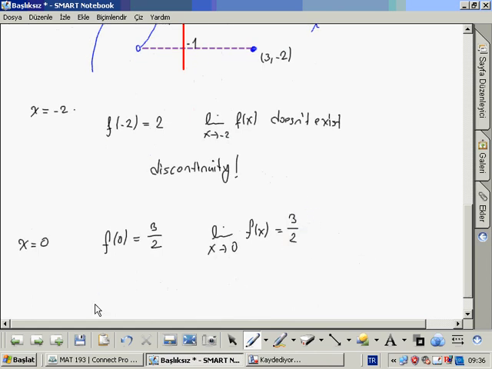So we can say this function is continuous at x equals 0.